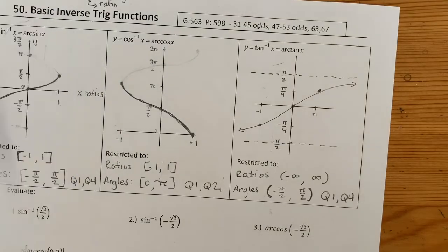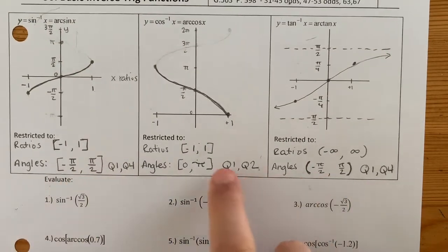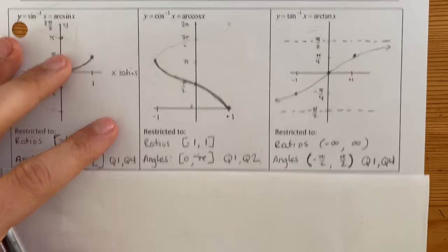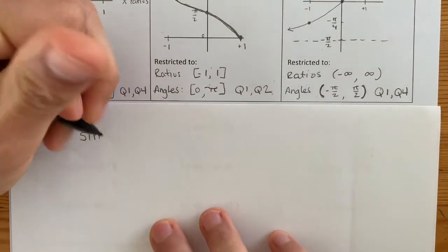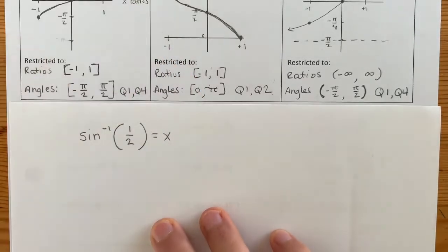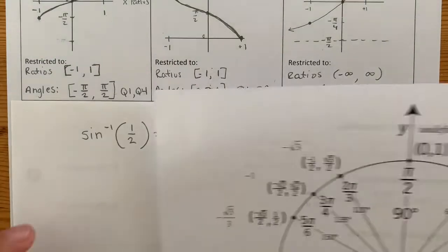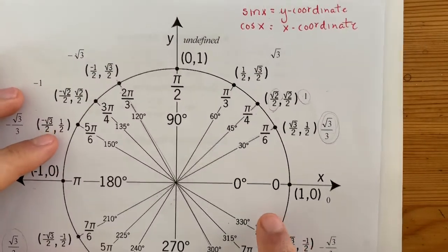Okay, now let me just do one example, just a quick idea of how these restrictions matter. Let's say I was doing a problem, before I get to the notes, that was sine inverse of 1/2, and I needed to find that. An inverse function means I can only get one answer. So I look on my unit circle and find the ratio where it's 1/2 for sine.